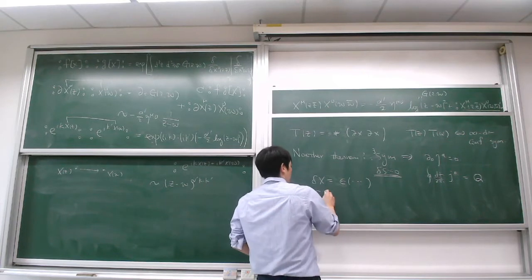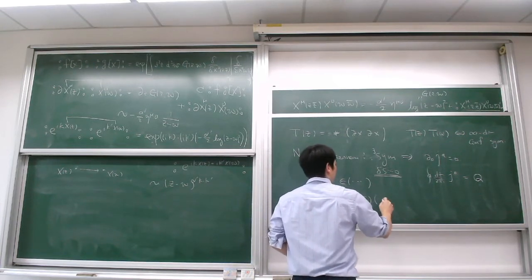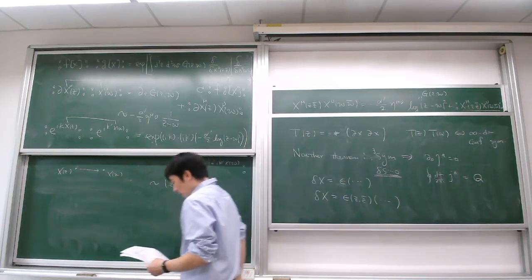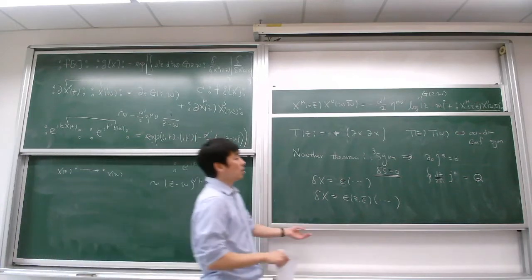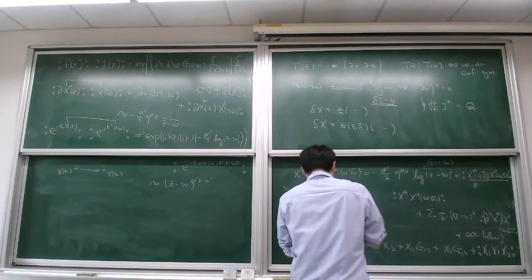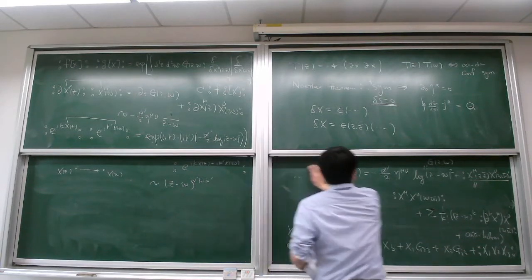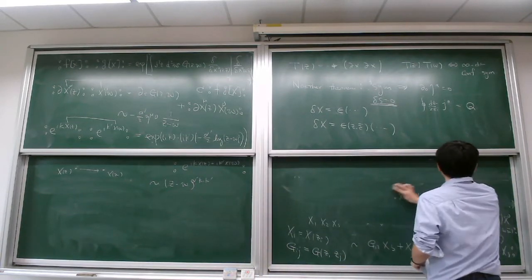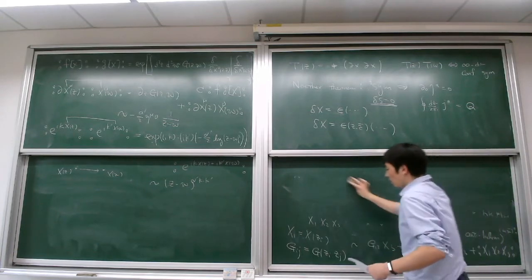But now we upgrade epsilon to have a dependence on the coordinate. Then in the path integral approach, the variation of the action with respect to this will give you the following.